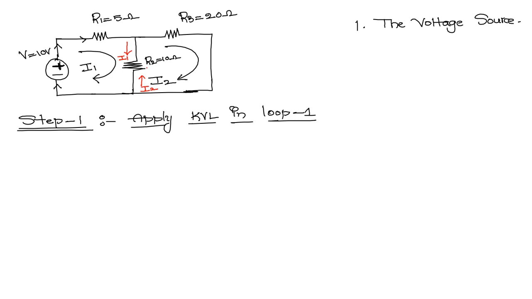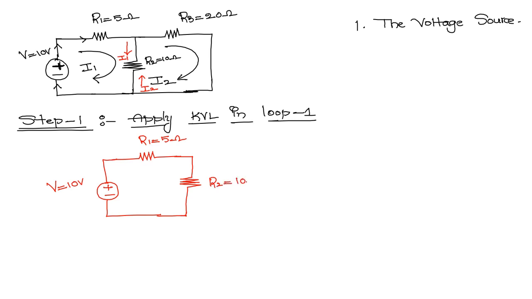So I am separately drawing loop 1, because I need to apply KVL for only loop number 1. This one is R1 equal to 5 ohms, V equal to 10 volts, and R2 equal to 10 ohms.